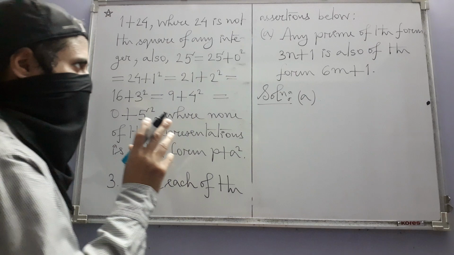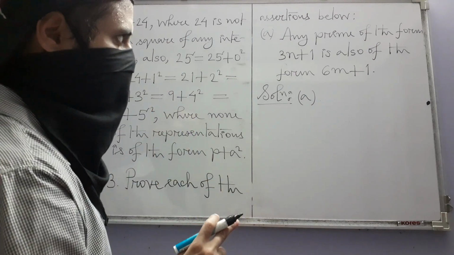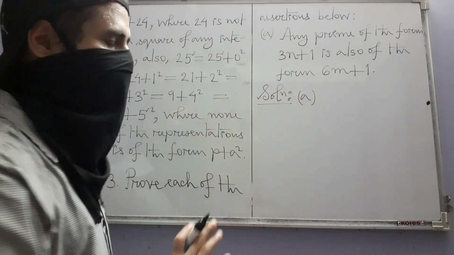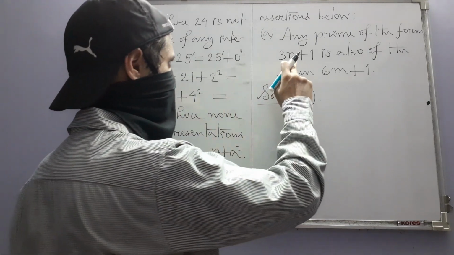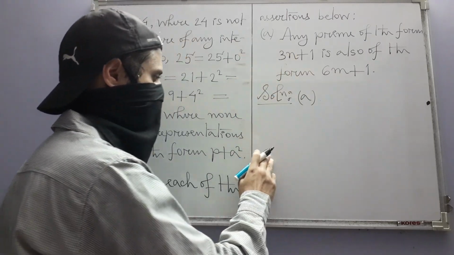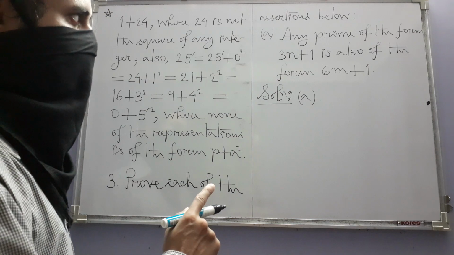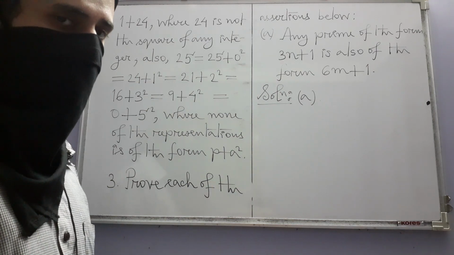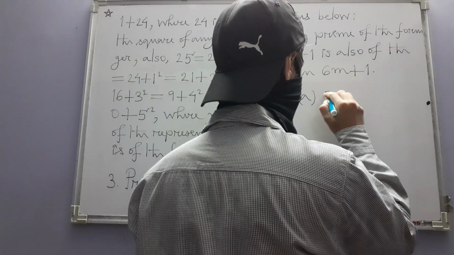So we are being asked to show that any prime number of the form 3n plus 1 must also have the form 6m plus 1. That is, if you divide a prime number by 3 and have remainder 1, then on dividing that same prime by 6, you must have remainder 1 again.